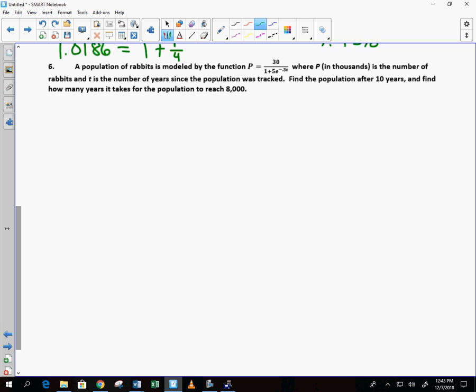If I want to find the population after 10 years, what would I do? Plug in 10. Yep. So the population after 10 years is equal to 30 divided by 1 plus 5e to the negative 0.3 times 10.